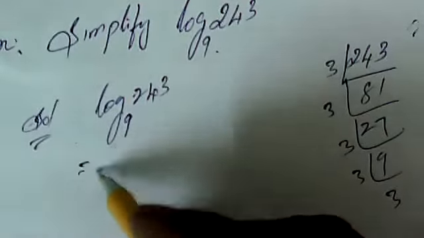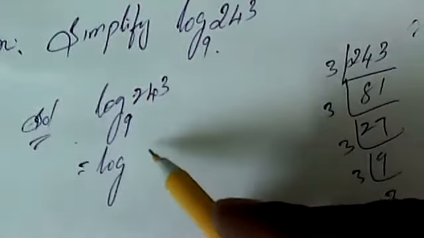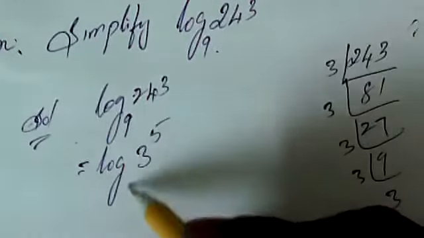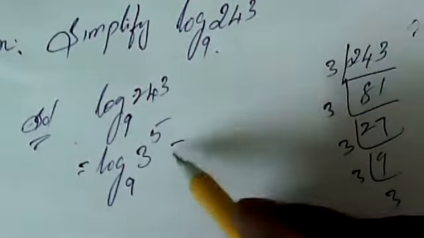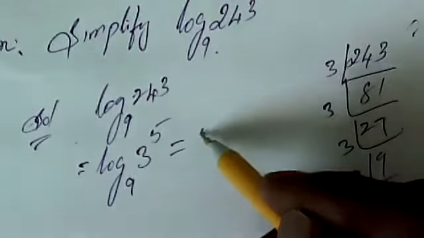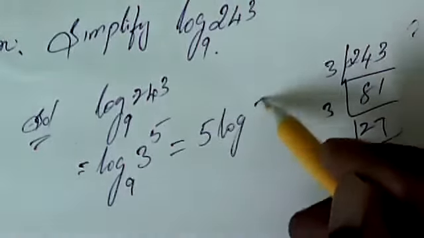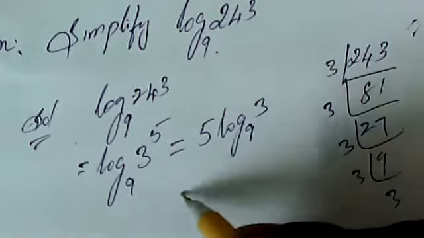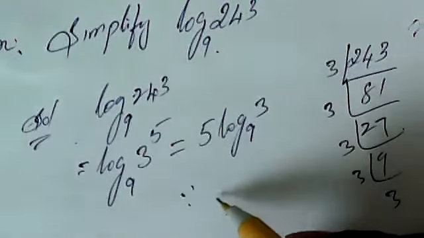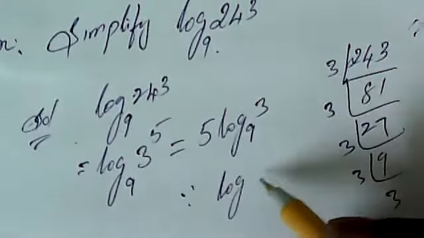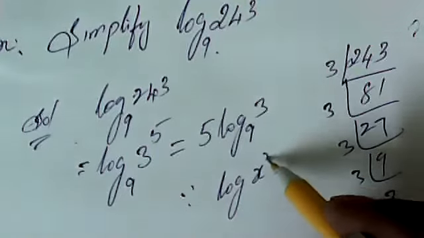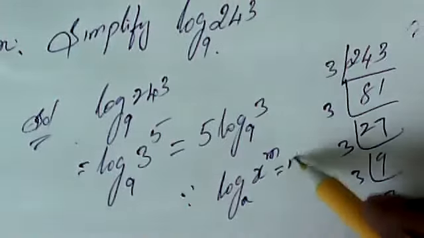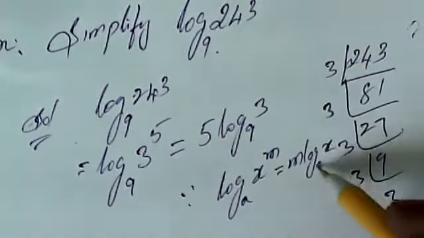So this equals log of 3 to power of 5 to base 9, which will be equal to 5 log 3 to base 9. Here we apply the rule log of x power m to base a is equal to m log x to base a.